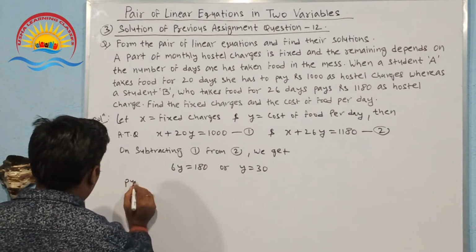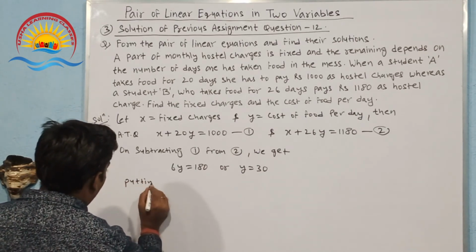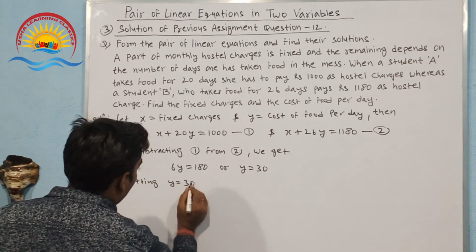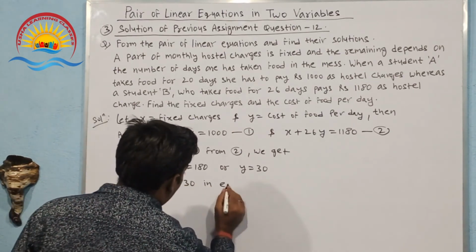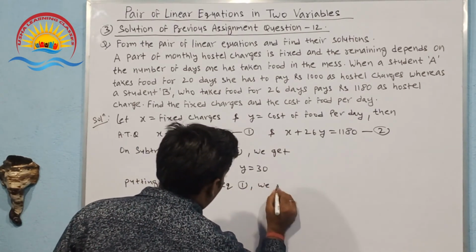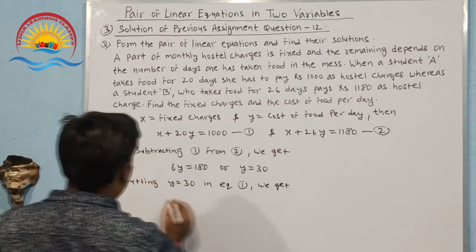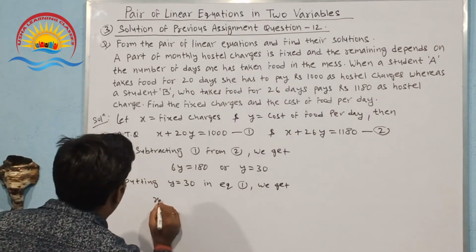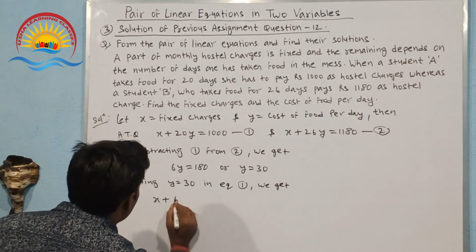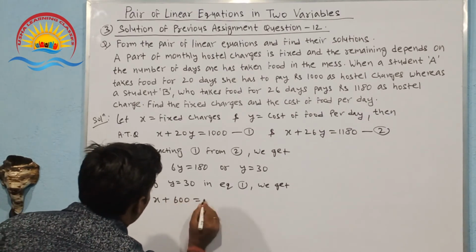Putting y equal to 30 in equation 1, we get x plus 20 into 30, 600, equal to 1000.